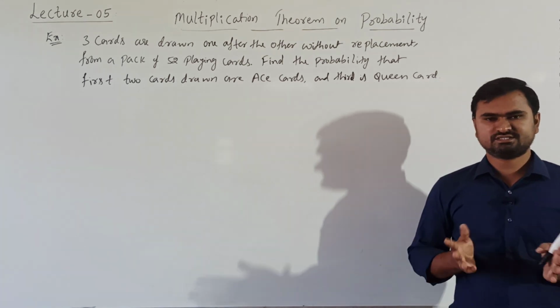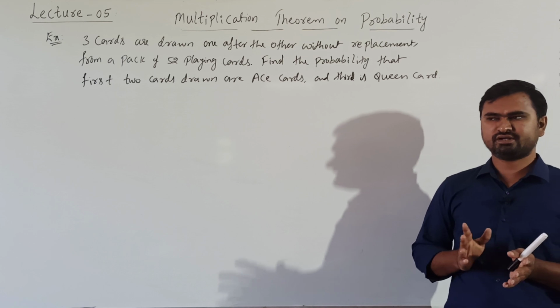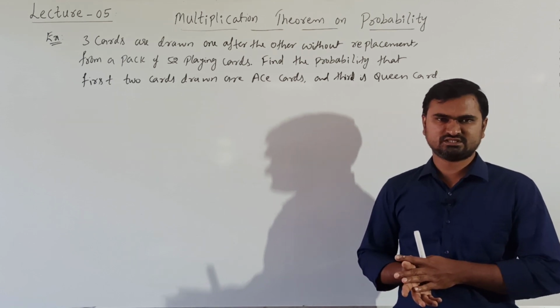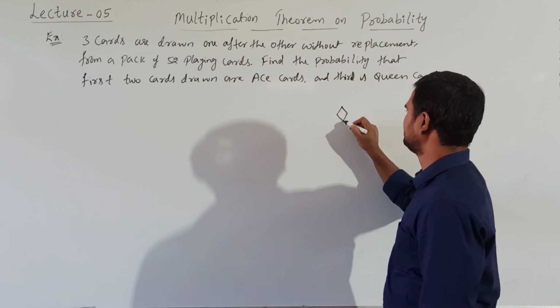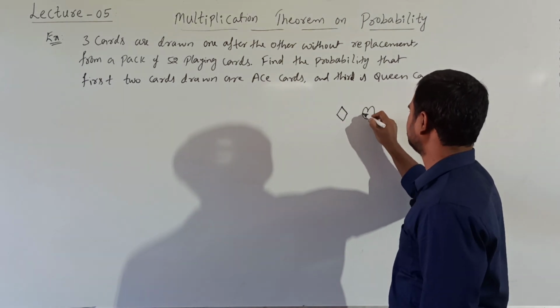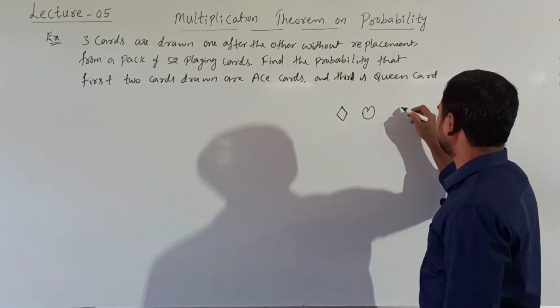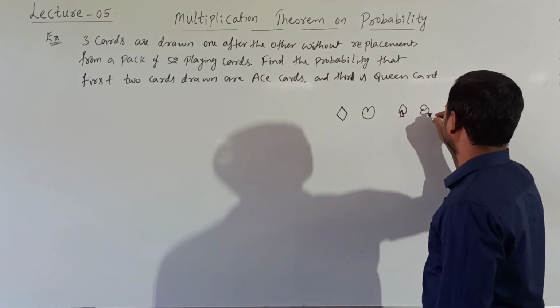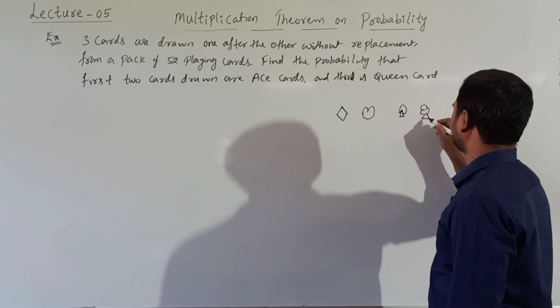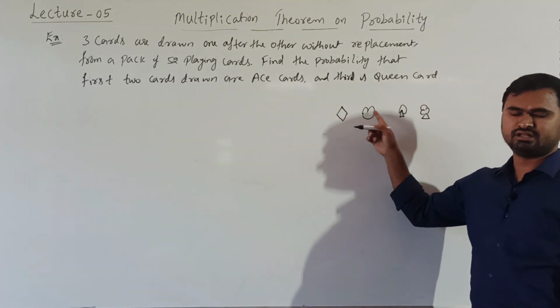Now we are dividing these into 4 denominations. One is diamond, another is hearts, next spade, then club. So these are called denominations.